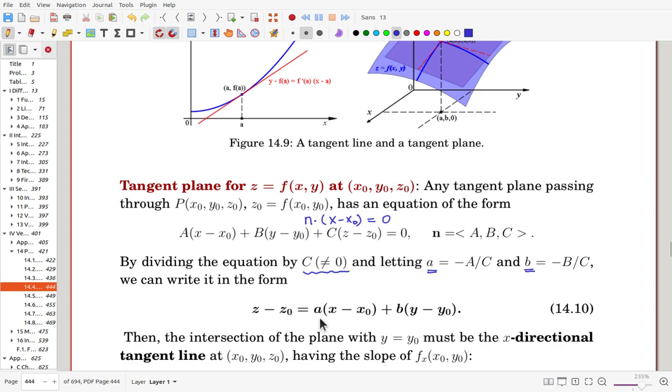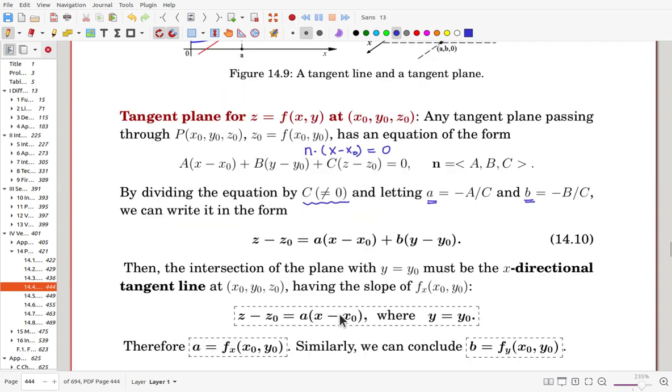So, once we choose y equal to y0, this term disappears, and then we have this. Now this is the x directional tangent line, so a must be the x directional slope, which is the partial derivative f sub x.